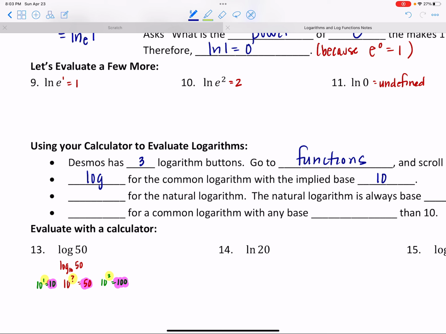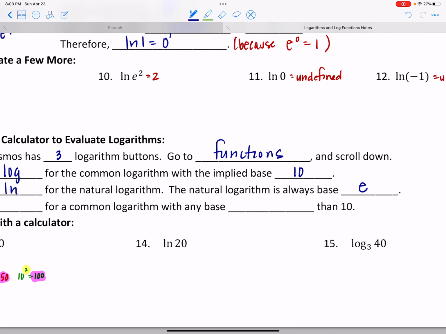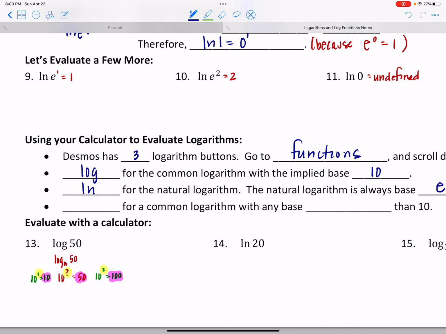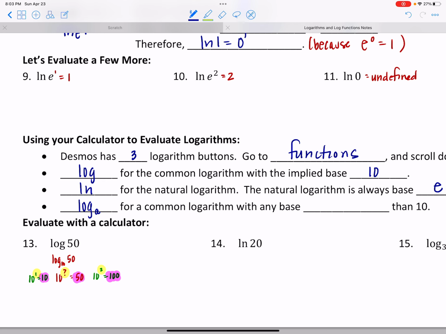There's also a natural log button. Remember, the natural log is always base e, so you won't see that written either. And then you're going to see another common log, but with a base, it'll call it a. That means we can make the base whatever other natural number we want. Okay, so for common log with any base other than 10, we're going to use that button.